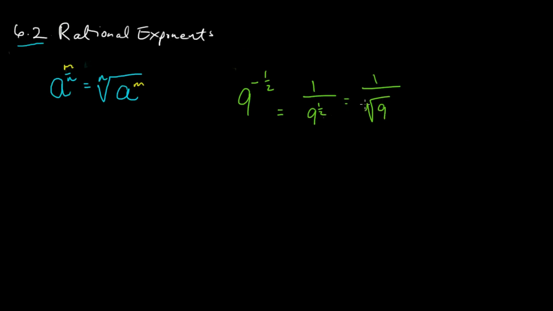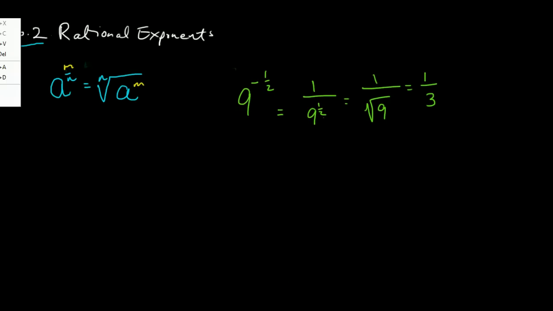Remember, an index of 2 we don't write out front of the radical, and because the square root of 9 is a number, then we would leave it as 1/3. So negative rational exponents work exactly the same way as any other rational exponent.